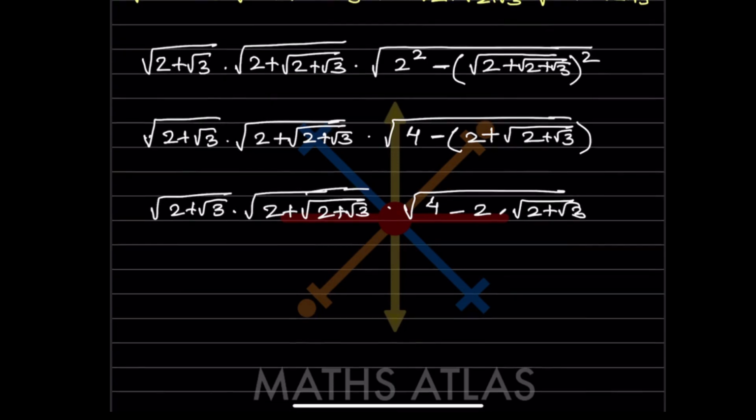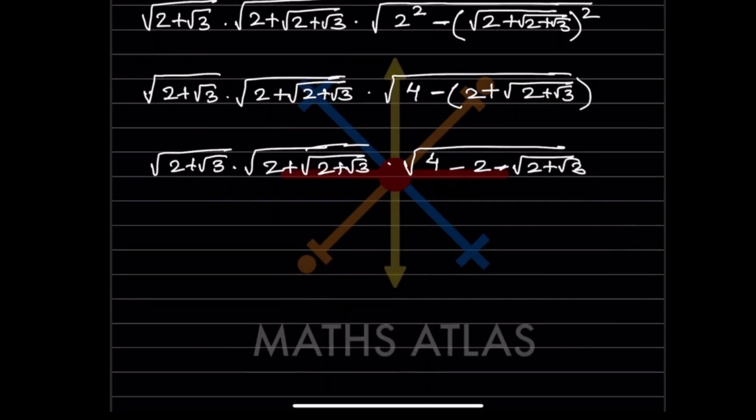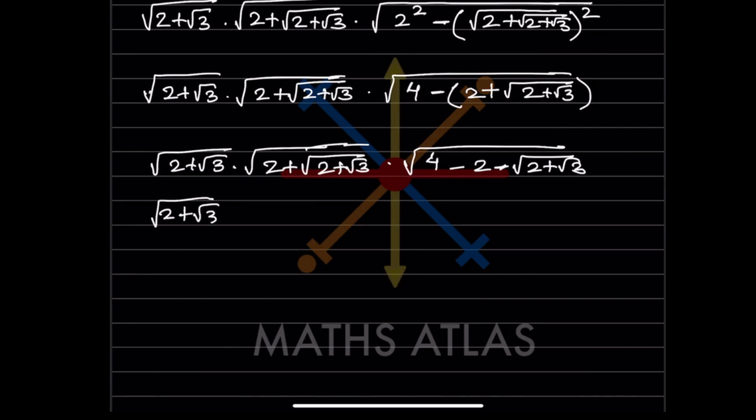Can you see here? This is minus 2 and this plus minus becomes minus here, and that is this the same. So now how will you write here? Again one step we will write here 2 plus root 3, first write as it is, and the second also. And here what we can do, we can write here 4 minus 2 means it is going to be 2, and this is minus 2 plus root 3.